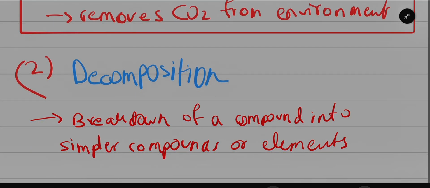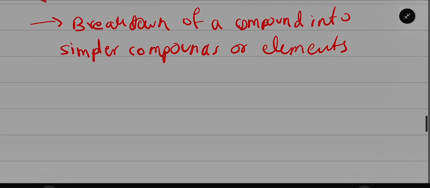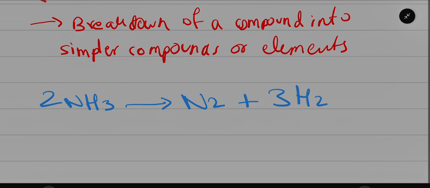What do you actually mean by this definition in particular? To understand this, we're going to do an equation in which we break down a compound. Ammonia is broken down into nitrogen and hydrogen. This is the equation of Haber's process. You will study this in reversible reactions.